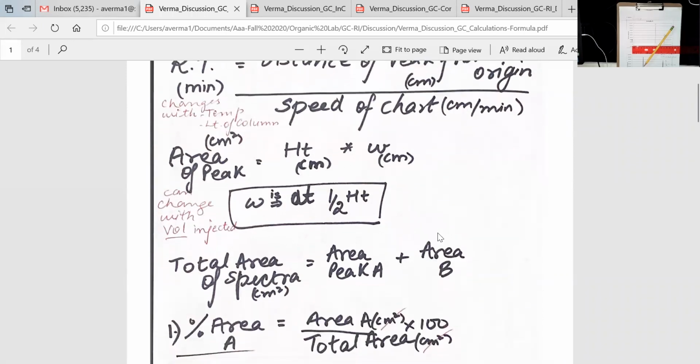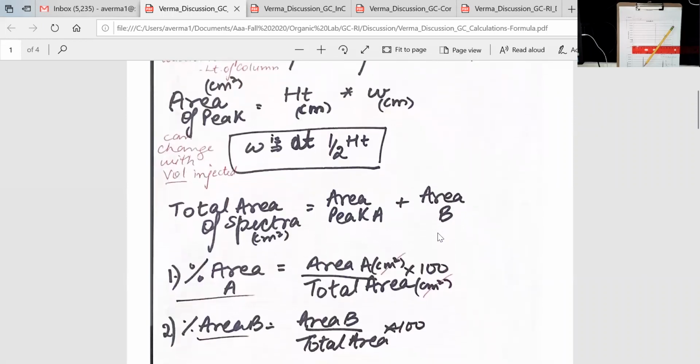The next formula that all of you need to be aware of is area under a peak. This is calculated again using a ruler, the height of the peak. And as all of you know, what is area? It is the height of the peak times the width of the peak.